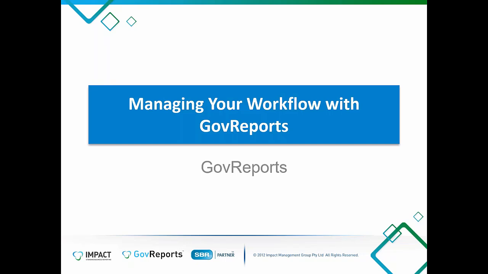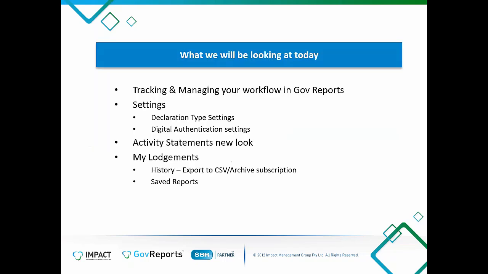So what we're going to look at today is tracking and managing your workflow in GovReports, and we're going to look at the settings where you can set everything up so it's going to help you streamline things. We're going to look at the activity statements, the new look, the autofill and things like that. We're going to look at the area of My Lodgements, where there are a lot of features in there that you can use that are going to help you.